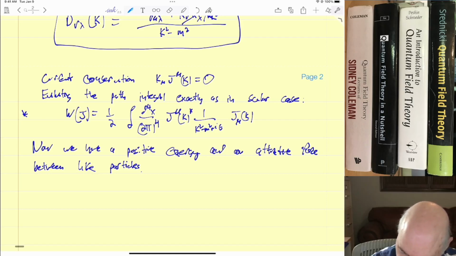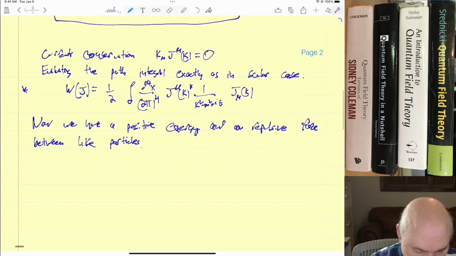I'm sorry. Positive means a repulsive force. That's what we wanted. Opposites attract, likes repel.